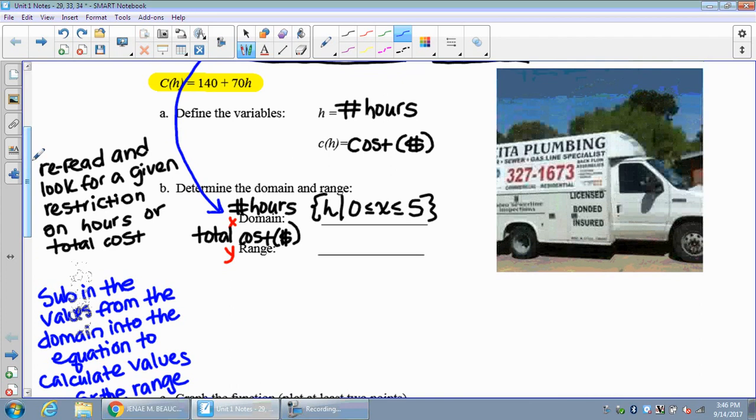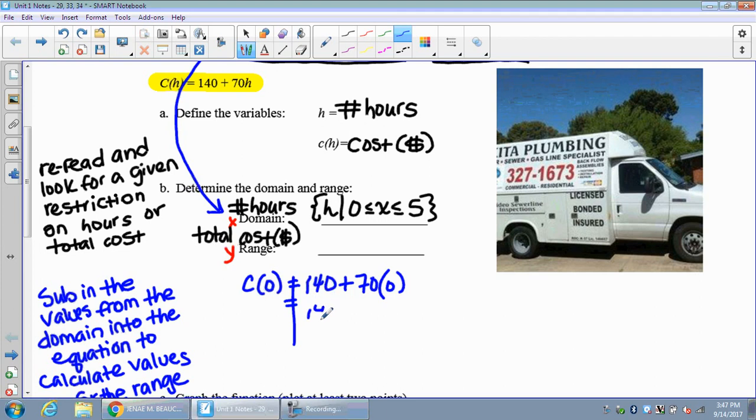We are going to use this equation. So my first x value that I'm going to evaluate is 0. So we're going to say C of 0 equals, and I'm going to use the model I highlighted as a guide. C of 0 equals 140 plus 70 times 0. Draw a line.